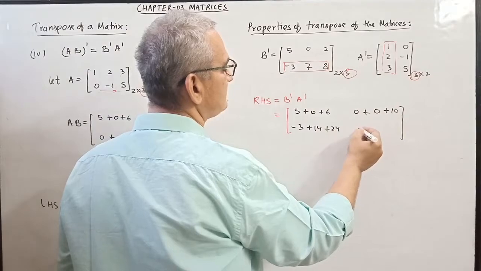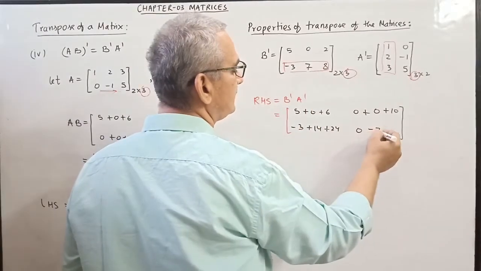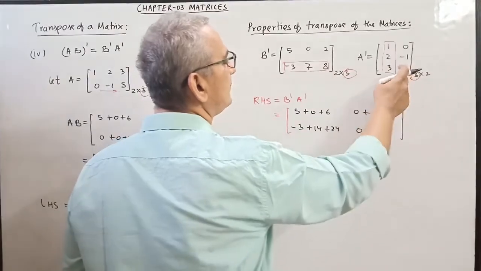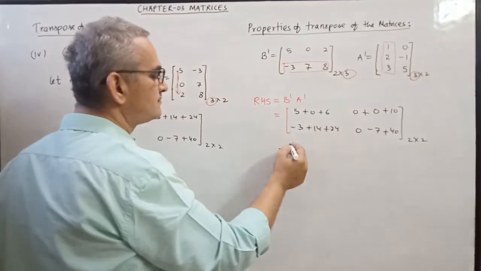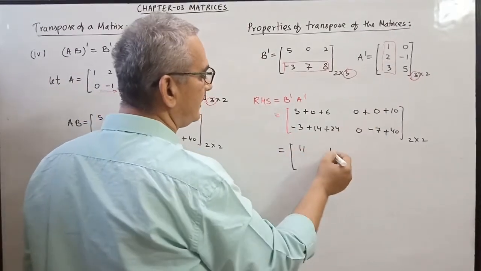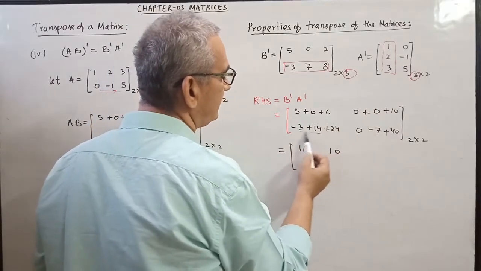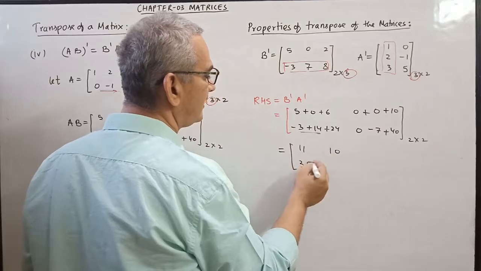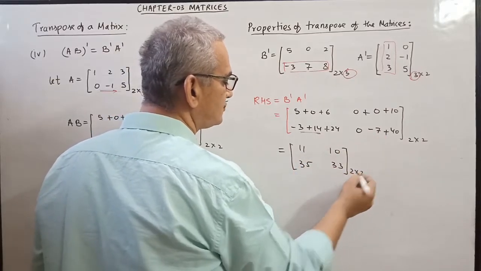So we are getting minus 3 multiplied by 0 is 0, 7 multiplied by minus 1 is minus 7, and 8 multiplied by 5 is 40. So the order of this is 2 by 2. So let's see what we are getting. 11, here we are getting 10, and this will be 24, and here we have 11, that will be 35, and here we are getting 33. The order of this is 2 by 2.